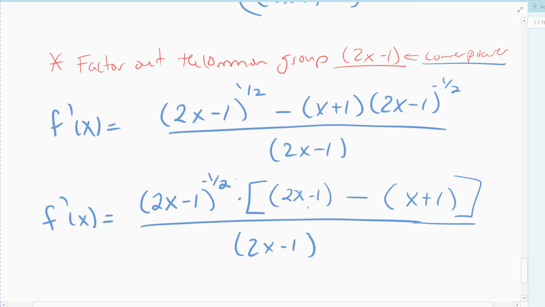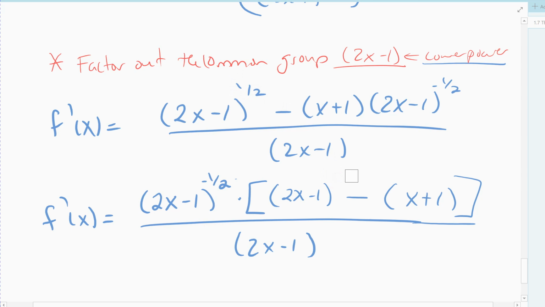And the easiest way to understand that is, remember, when we factor, it's undoing the multiplication. If I multiply it back, I should get this original term, right? If I take this group times this group, I get back to my positive 1/2, right? Because this would be a 1 here. I take my negative 1/2, add it to my positive 1, and that's going to give me a positive 1/2.